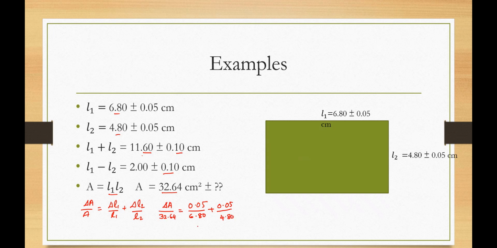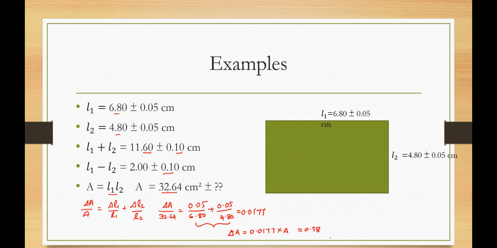This is giving me, that is the right hand side is giving me a value 0.0177. From this, I can find out delta A as 0.0177 multiplied by A, which we found out here as 32.64. When you do that, you get 0.58. So we have propagated the error.